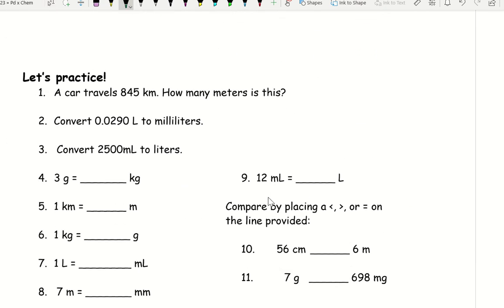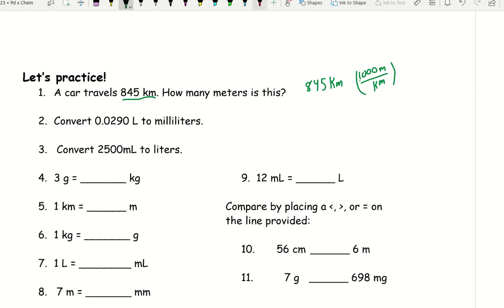Let's practice. All right, a car travels 845 kilometers. How many meters is this? All right, so what you want to recognize is that you have 845 kilometers. Now notice how I'll set this up. We're going to need to multiply by the conversion factor. And in this case, the conversion factor is there's 1,000 meters for every kilometer.